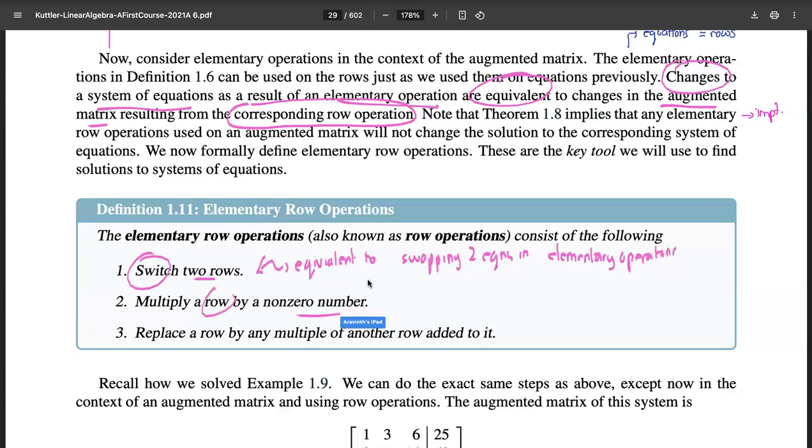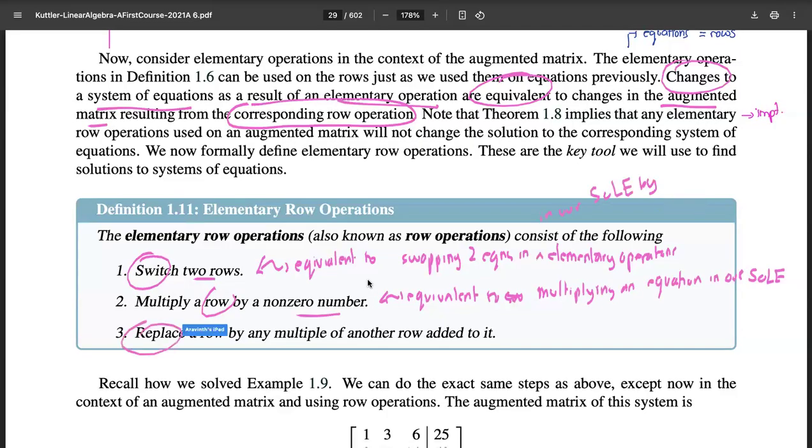This is equivalent to multiplying an equation in our system of linear equations by elementary operation. Or we can replace a row by a multiple of another row added to it. The equivalent form of that would be replacing an equation with a multiple of another equation added to it.